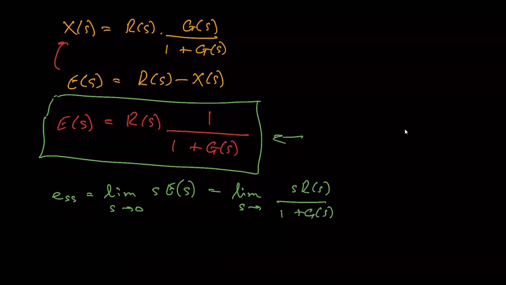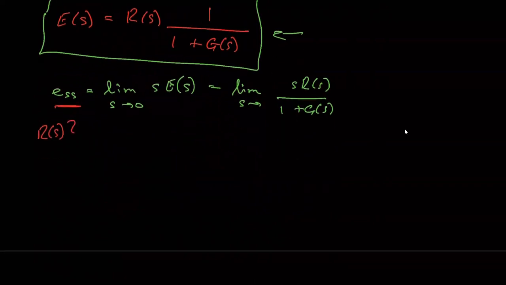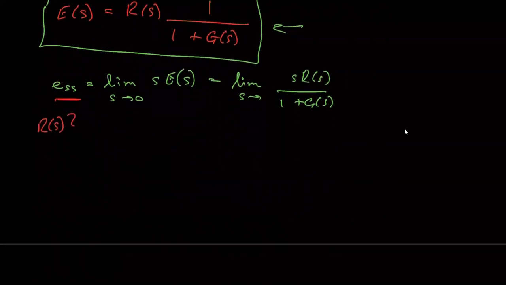Now, in order to evaluate a particular value for E of s, I have to assume an input for R. So what can R be? Well, the simple one is a unit step input. If that's the case, R(s) equals 1 over s. I think we agree with that.